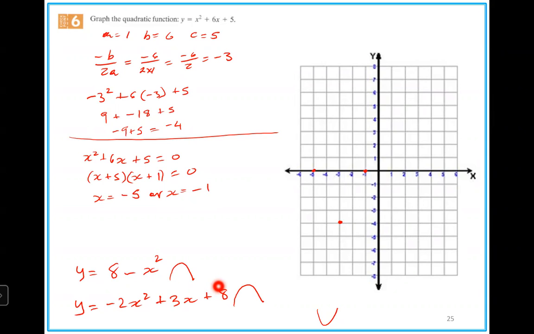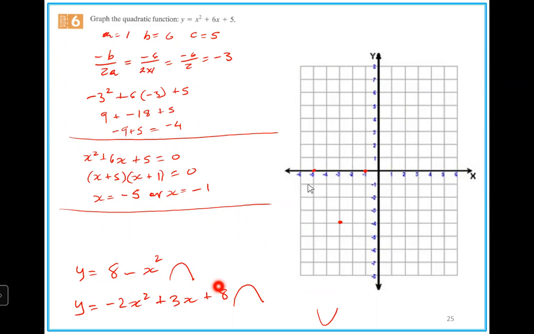So the third thing we could find now is your y-intercept. Miss Fernanda, how are you going to find the y-intercept? This is where you're going to let x be 0.